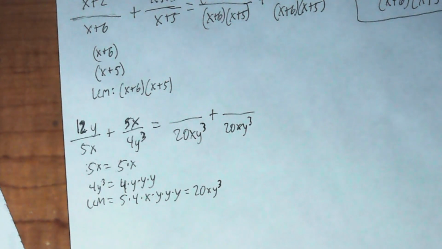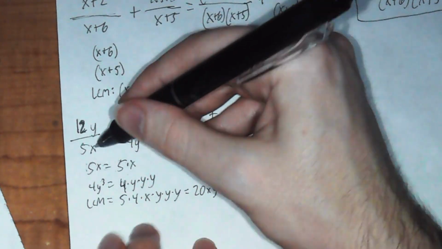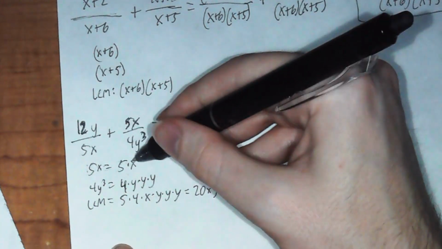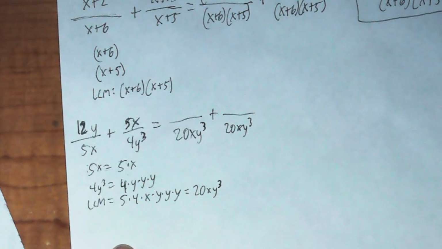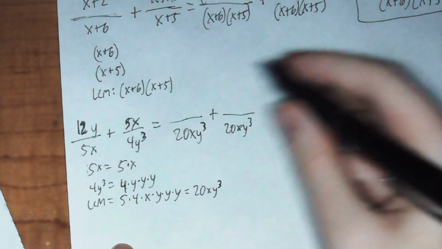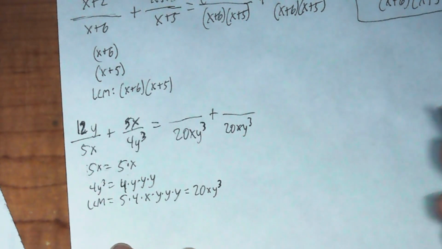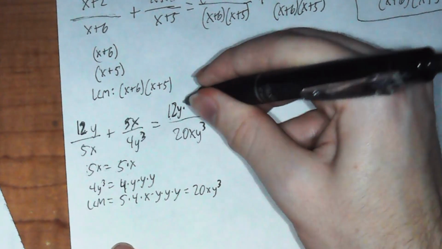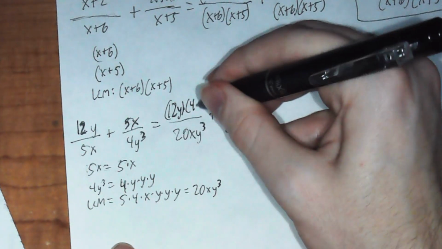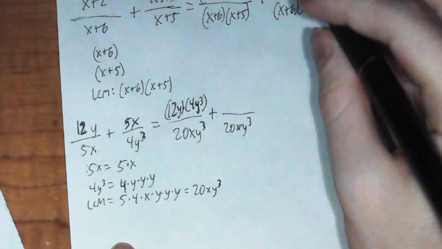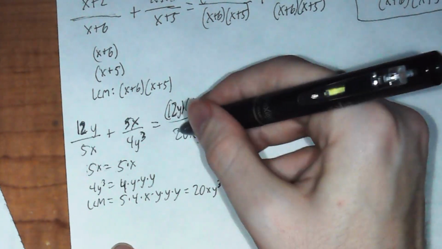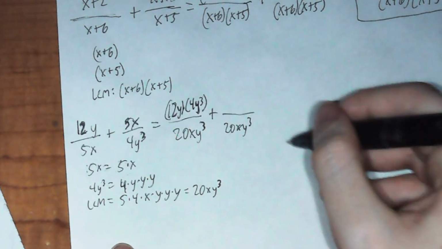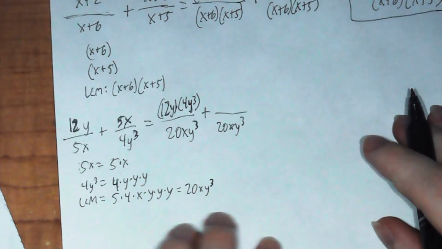Okay, next order of business. 5x here has the 5 and the x from the LCM. The rest, the 4 and the 3 y's, we have to multiply both the top and bottom. So we have 12y times 4y cubed over 5x times 4y cubed, which is the 20xy cubed.